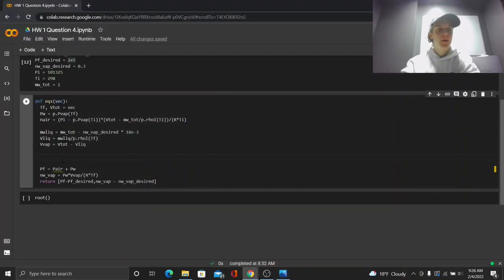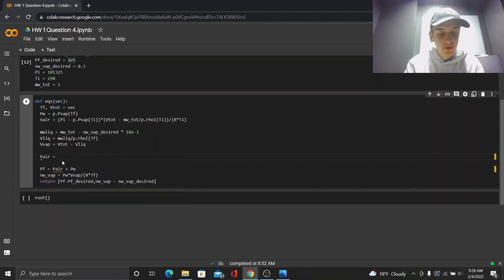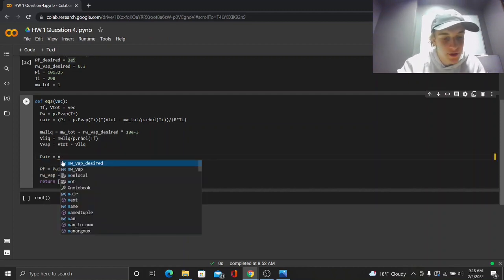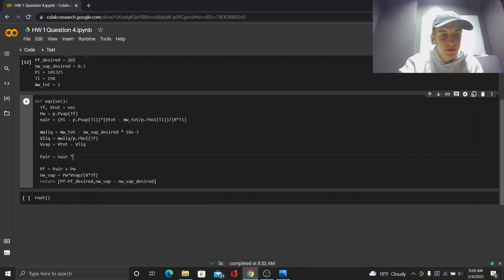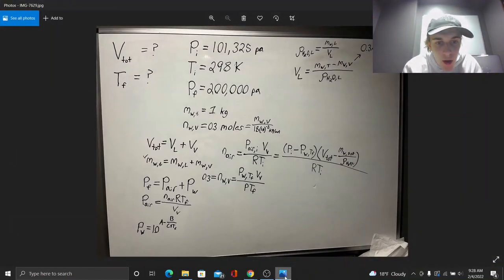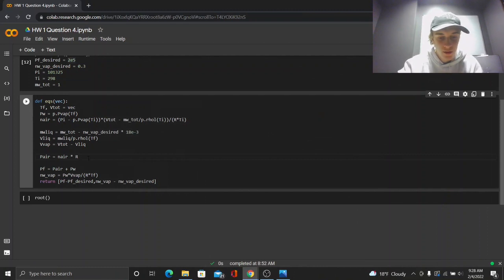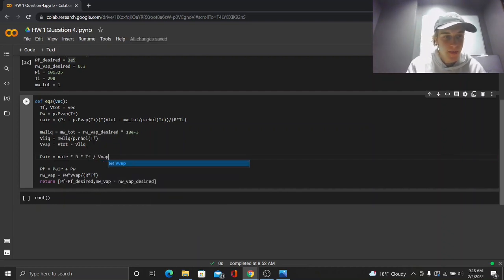Now to get this partial pressure of the air, we have this equation right here. The partial pressure of the air is equal to the number of moles of air times R times the final temperature over the volume of vapor.